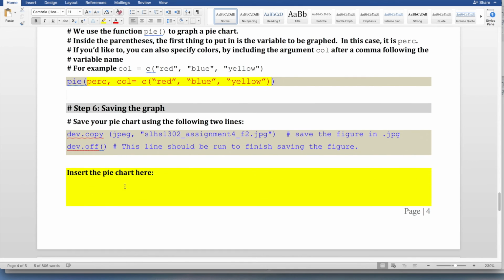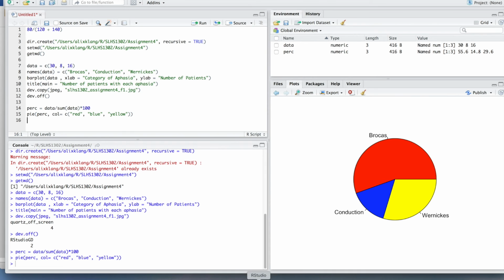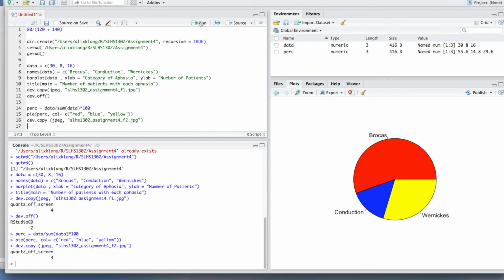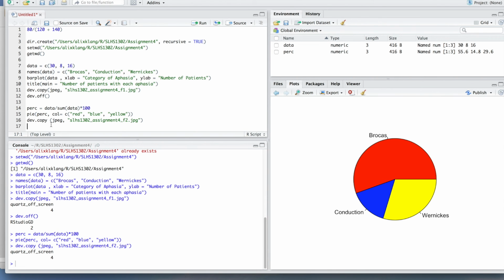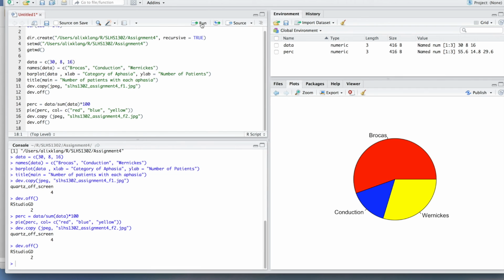All right, so if you go back to the Word document, it's going to want you to save the image and then also insert the image into your document. So you want to take these code lines and then copy them into R, paste, and then run. All right, and then we'll export the image.